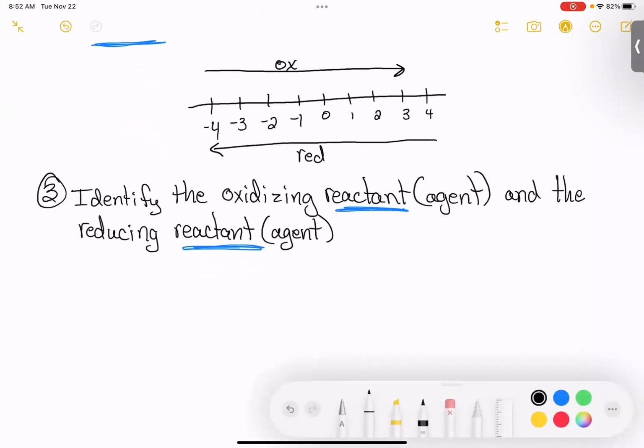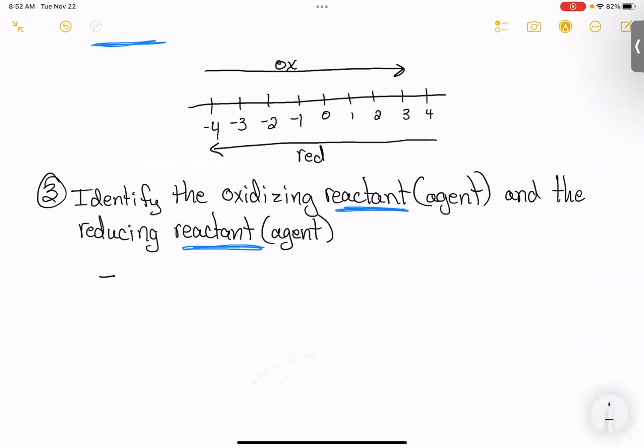Now, with these, the oxidizing reactant contains the element reduced.